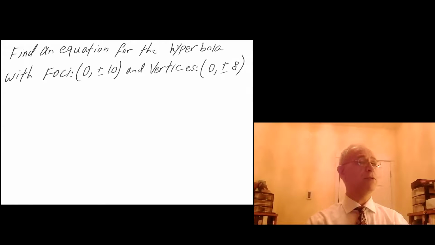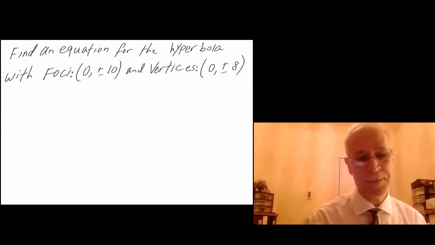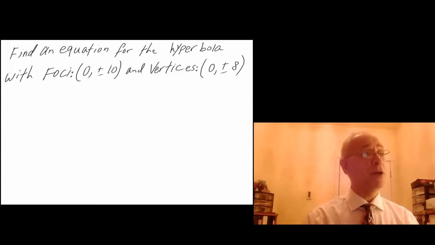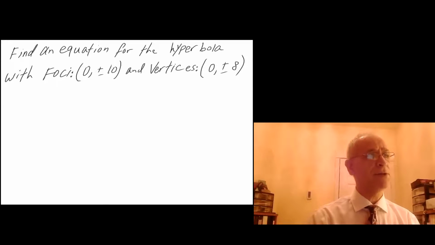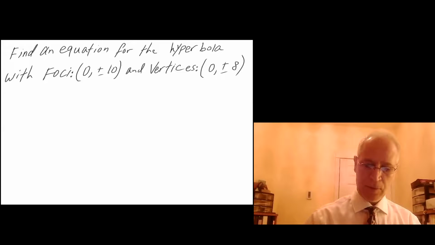Hello, Math 142. We are trying to find an equation for the hyperbola that has foci 0 plus and minus 10 and vertices 0 plus and minus 8. And what does that mean?